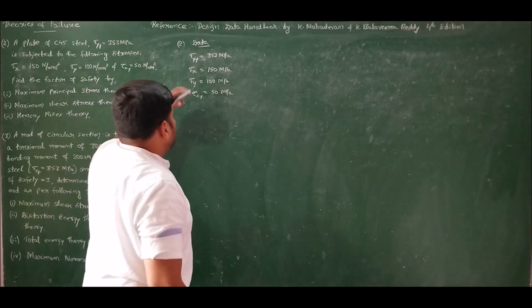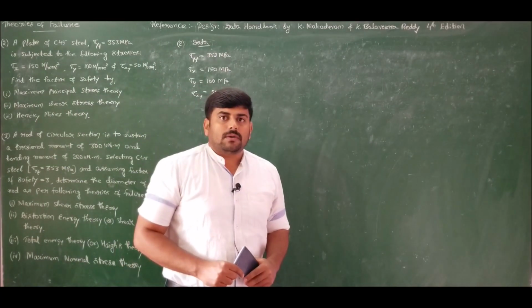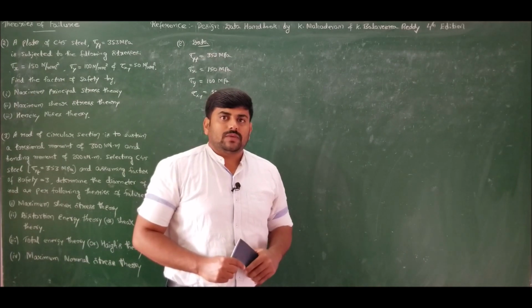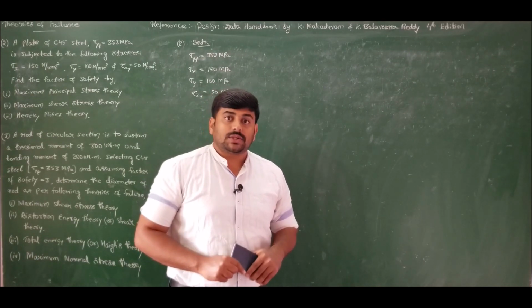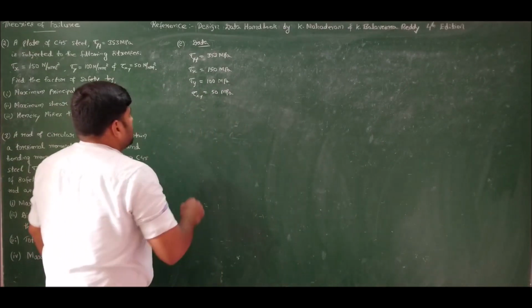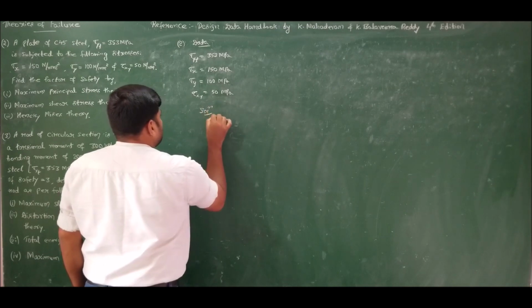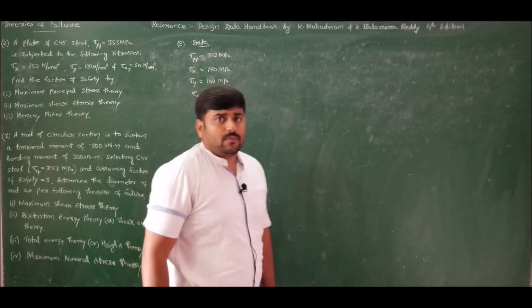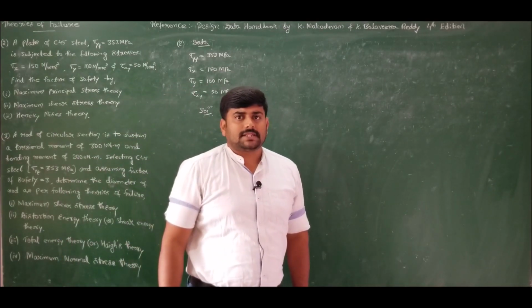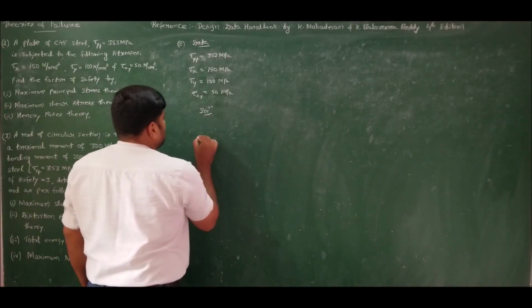We know how to determine maximum and minimum principal stresses when sigma x, sigma y and tau xy are given, which we have already discussed in lecture 2 of this series. To employ theories of failure, we should first know the maximum and minimum principal stresses. So let me determine them.